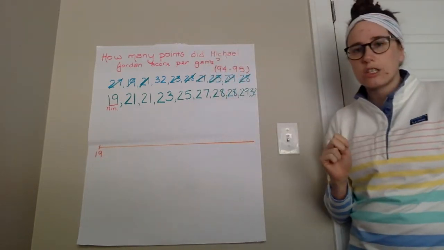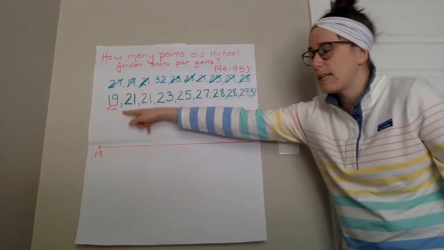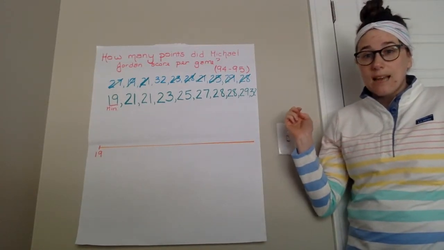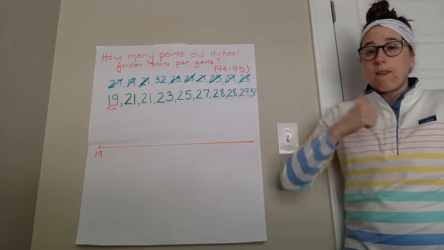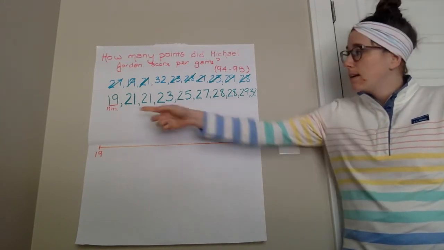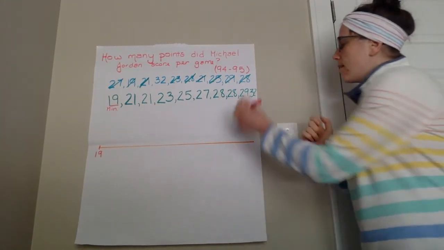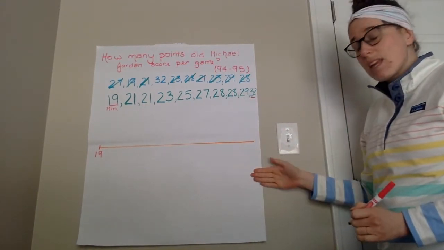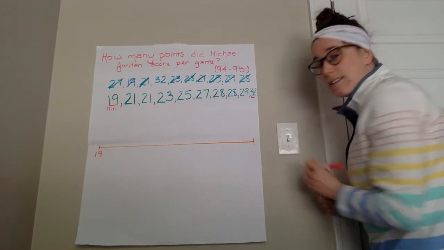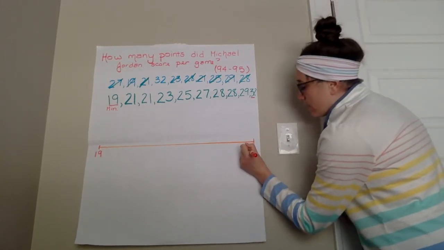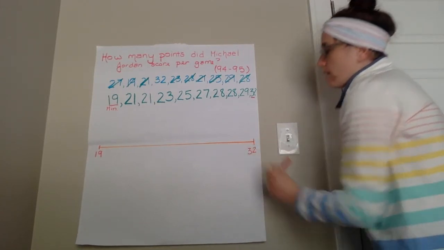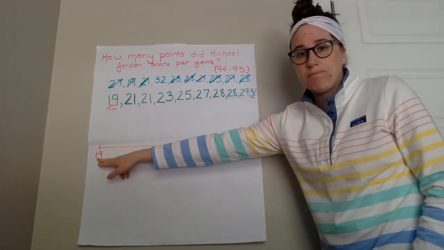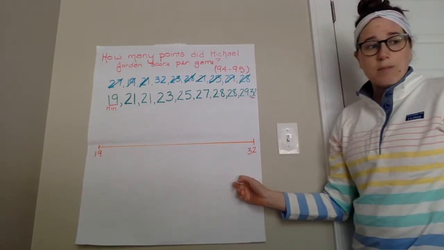That is my first number because it's my minimum. Then I need to find the maximum of my data set. Remember, the maximum is the largest number in my data set. If I take a look at that, that is 32. The last number I'm going to show on my dot plot is that 32. So my dot plot line here should start with my minimum and end with my maximum.